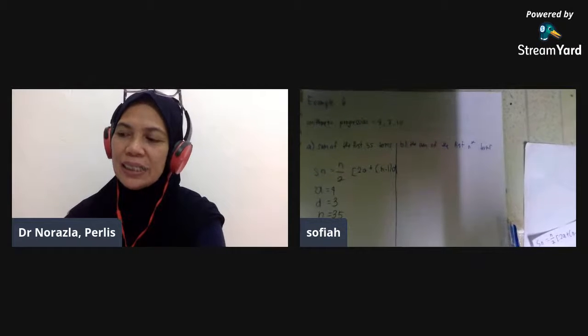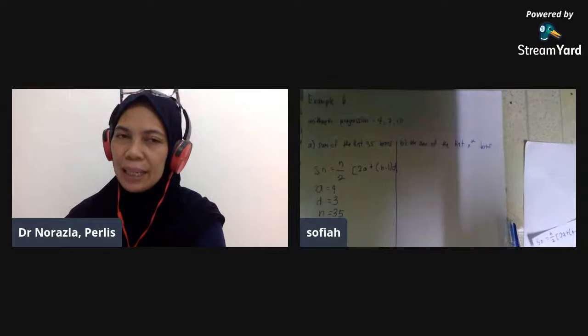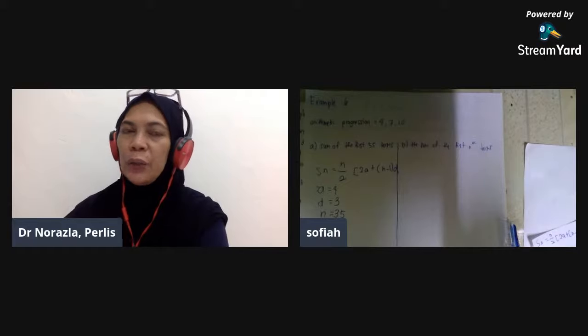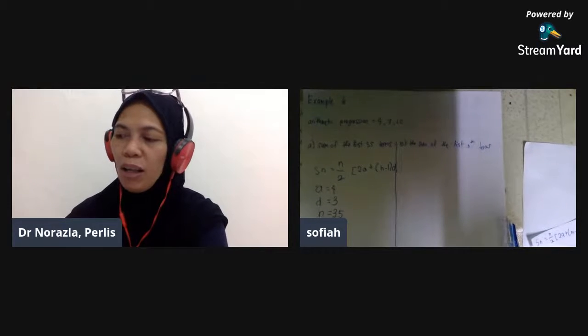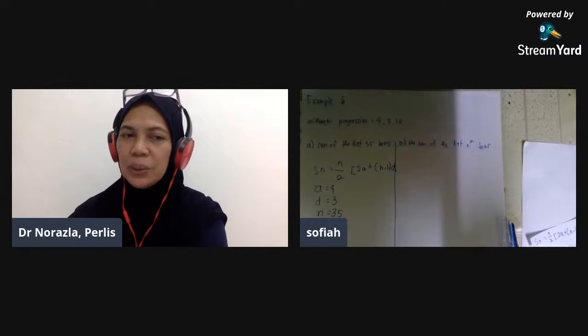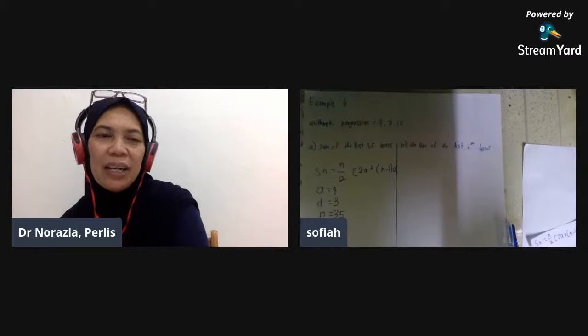But in this question, we need to know the sum of the first 35 terms. We can actually add up all the terms, T1 plus T2 plus T3 plus T4 until T35.